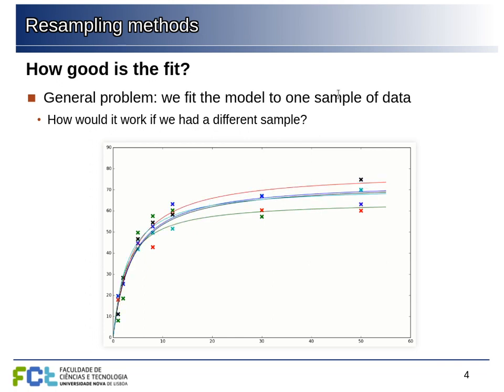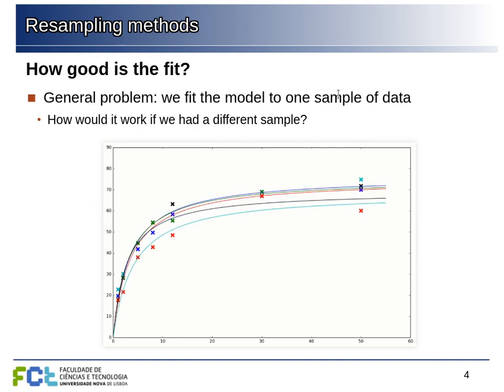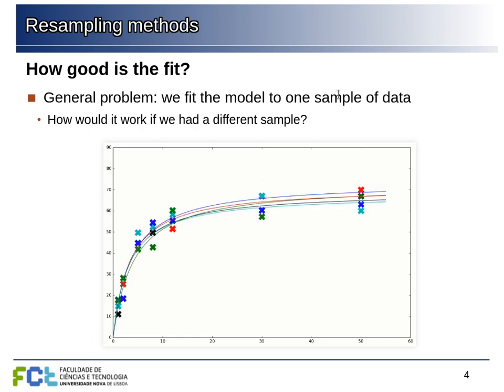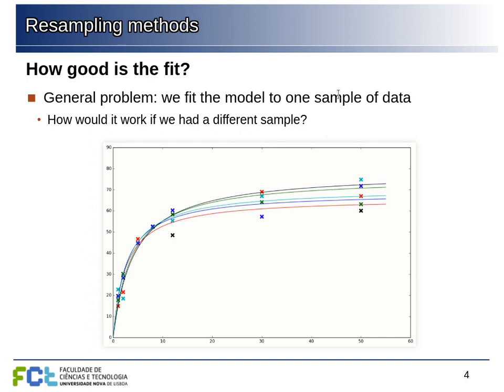Using only the data that we have to fit the model, we cannot really estimate how good this would generalize for different experiments, for repeating the experiments or applying this to other cases.